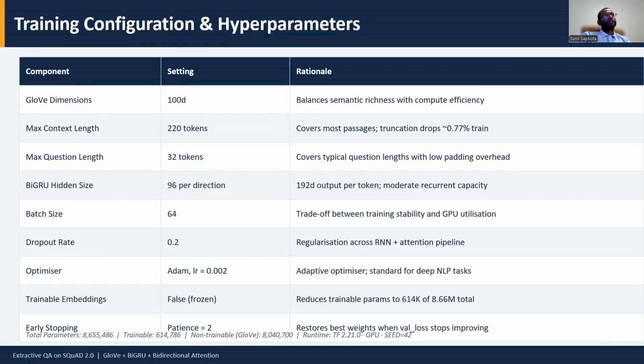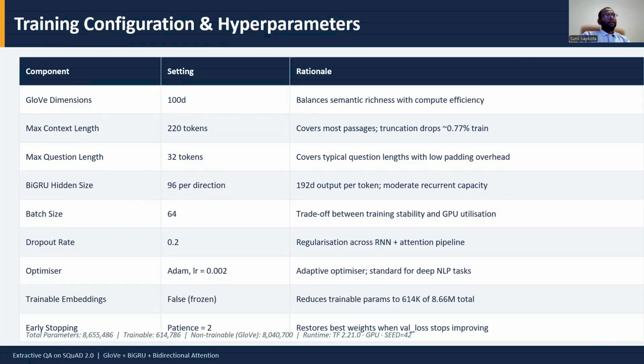Max question length is 32. Bidirectional GRU hidden size is 96 per direction. Batch size is 64. Dropout rate is 0.2. Learning rate is 0.002. Trainable embeddings is false, or frozen. As I explained earlier, out of the total 8.66 million parameters, I just trained 614K.